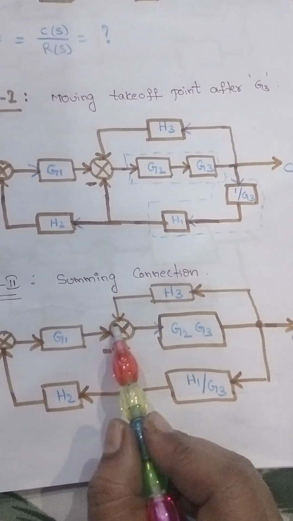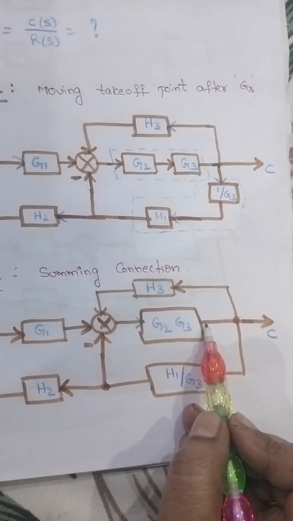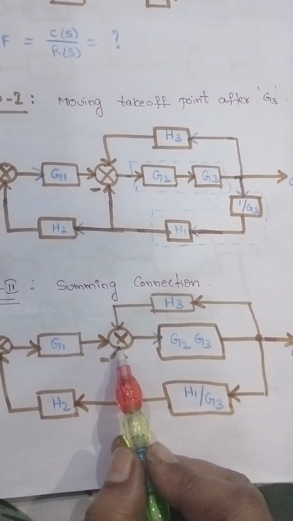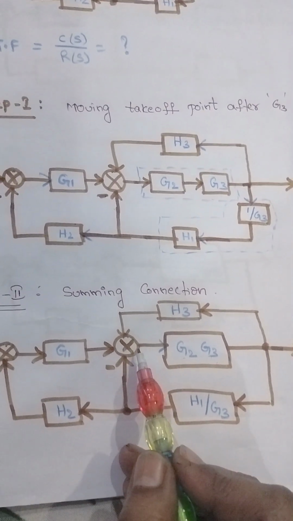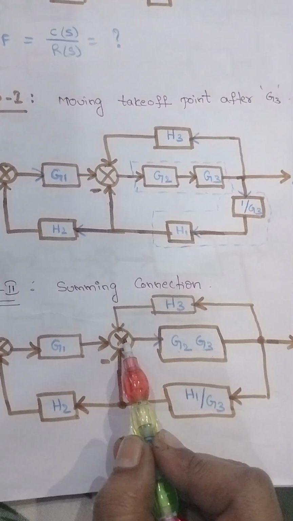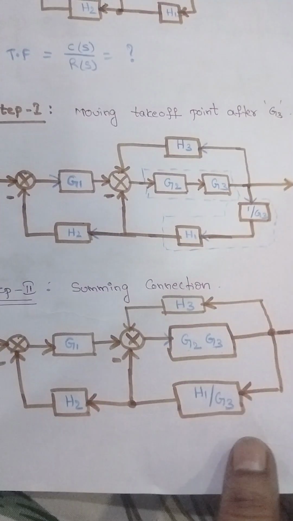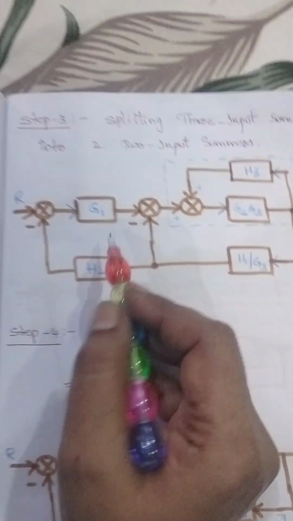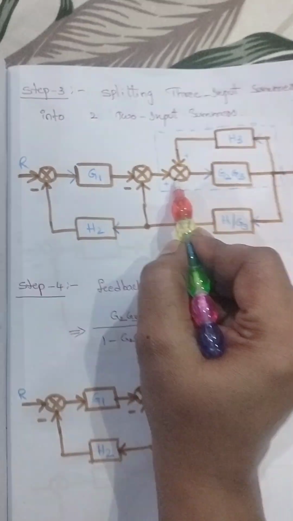Now here is a 3 input summer. So to apply the feedback connection here, we just split this summer into 2 input summers. So the 3 input summer becomes 2 input summers. In this way, split that into 2 input summers.